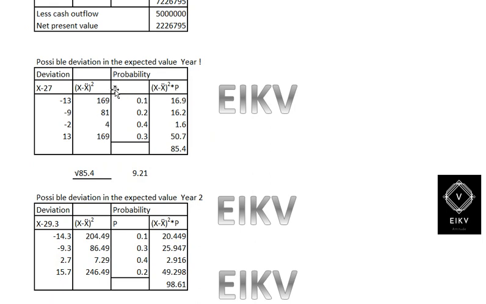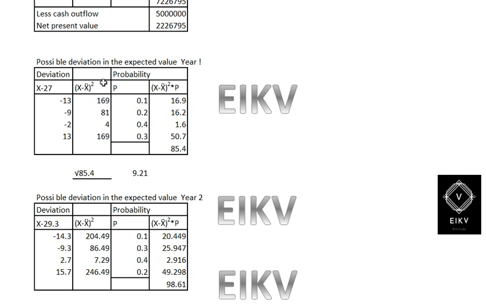And next one is x minus x dash the whole square. The x minus x dash has already been found in the previous column, so when we square it, 13 into 13 will give you 169, 9 into 9 will give you 81, 2 into 2 is 4, 13 into 13 will give you 169.